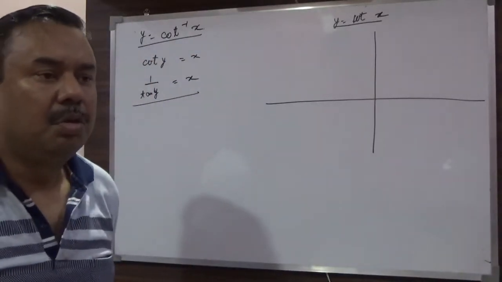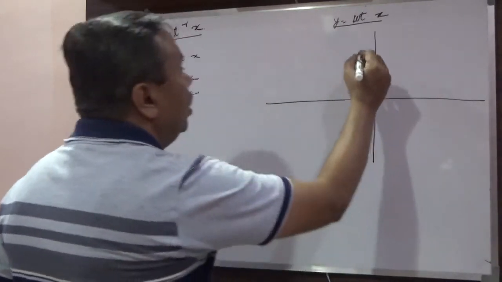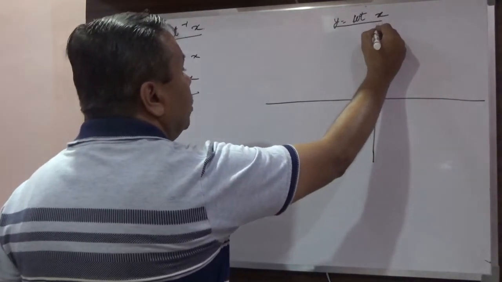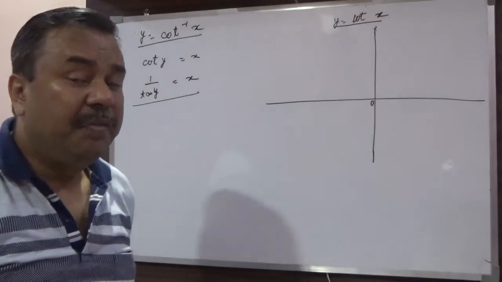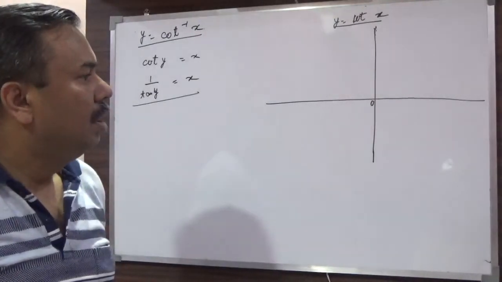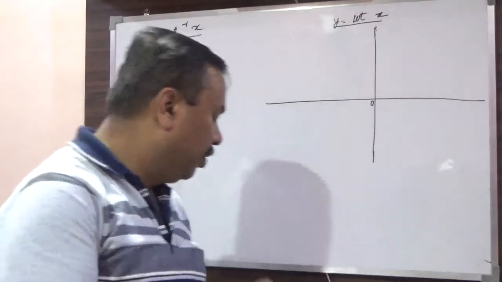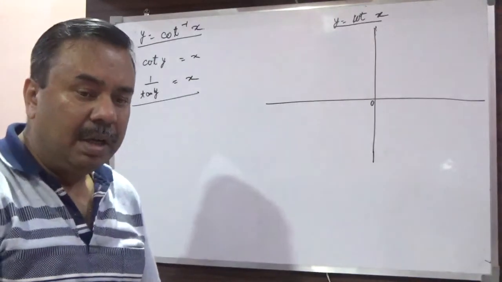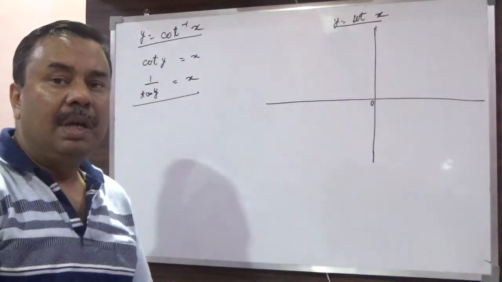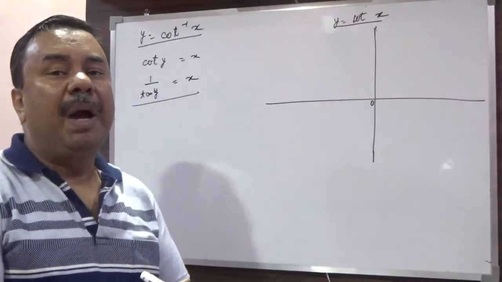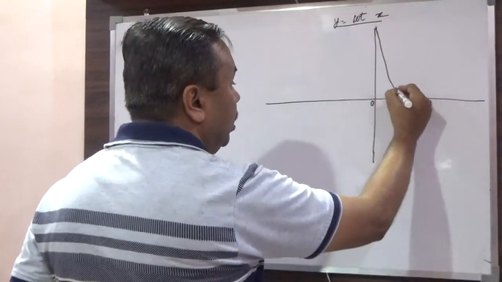When y was equal to cot x, at x equal to 0, the value was not defined, and as we approached 45 degrees, it was defined as 1, and then afterwards it kept on decreasing, and at x equal to pi by 2 it became 0. So it became like this.